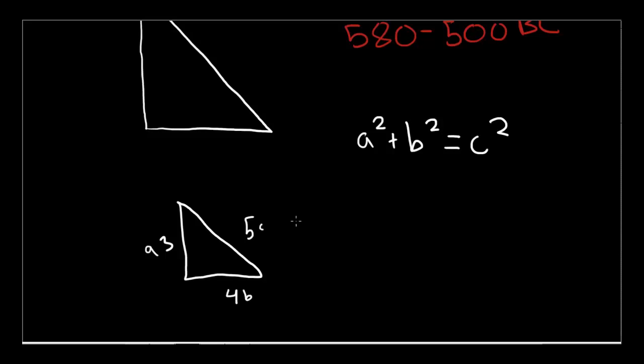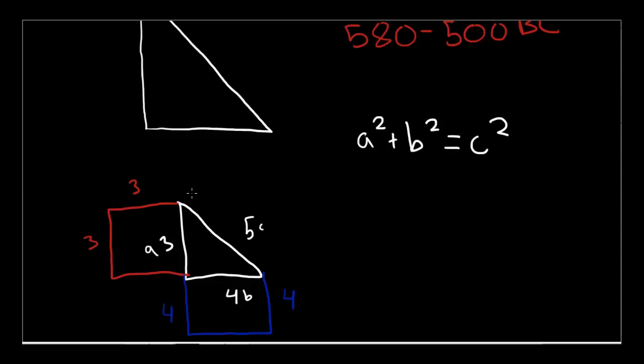So A squared plus B squared will be equal to C squared. We can prove this by drawing out the squares. We can draw a square of length 3 from one leg of the triangle. We can draw a square of length 4 over here, although it looks a little bit like a rectangle, but you know what I'm trying to get at.